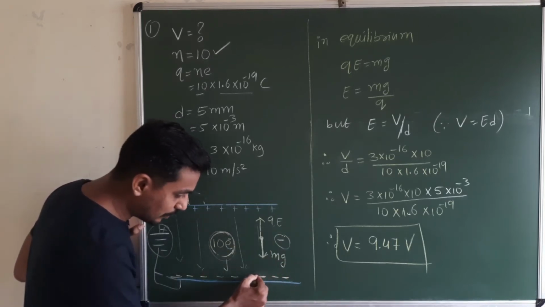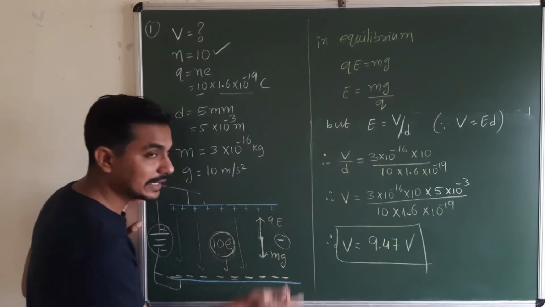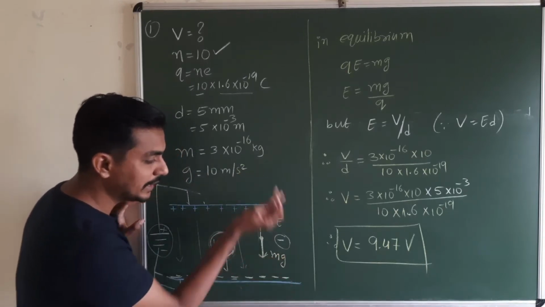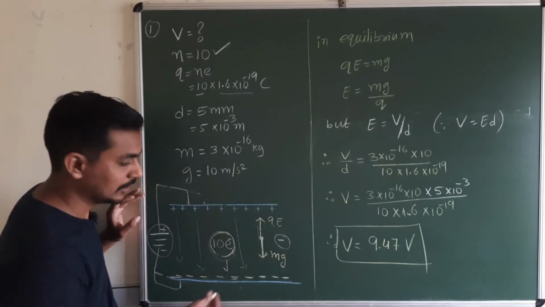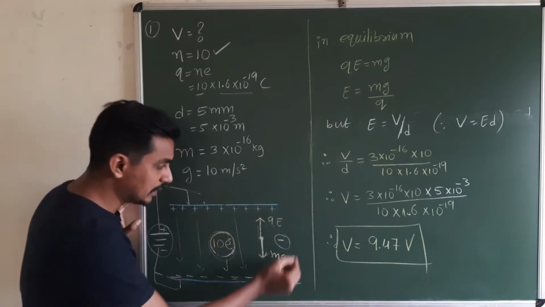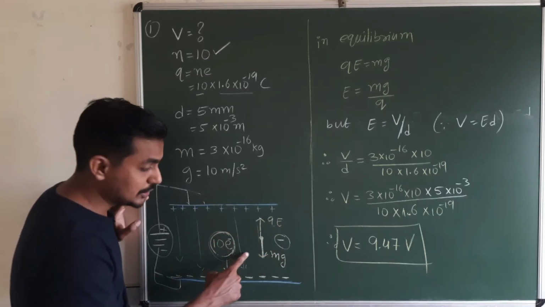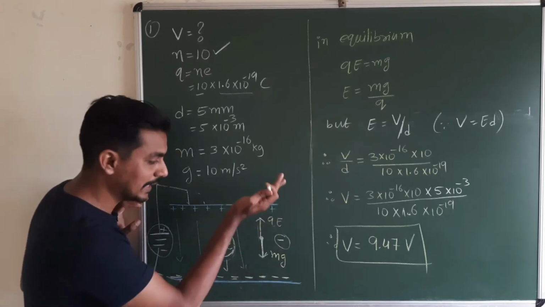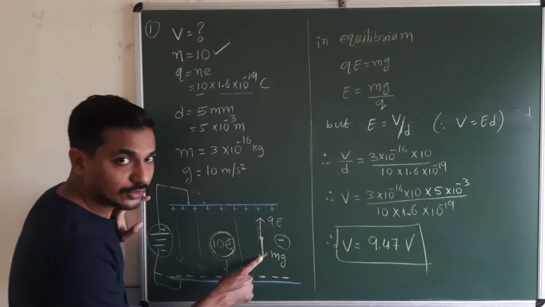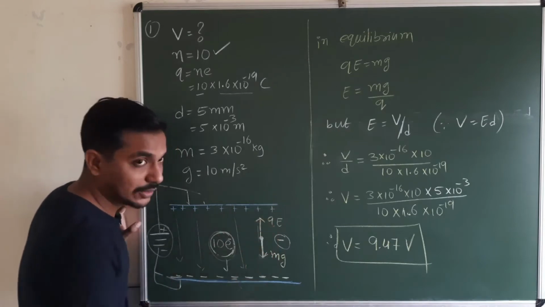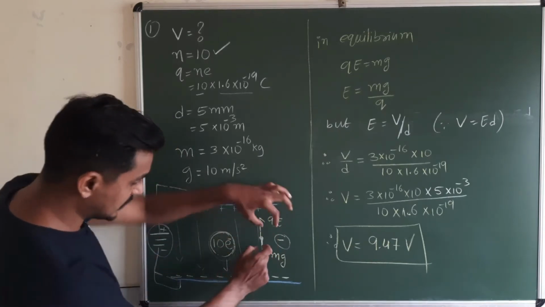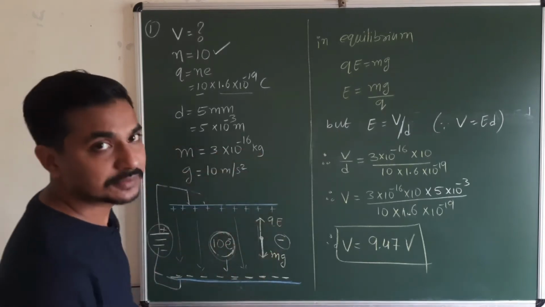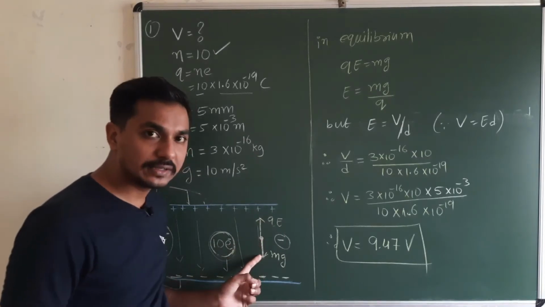So the negative plate will repel the electron and the positive plate will attract it. That is, the electric field between the plates will push the negative charge from negative to positive, in the upward direction, and the gravitational force will pull the drop in the downward direction. So if these two forces are equal and opposite, then this drop will be in equilibrium.